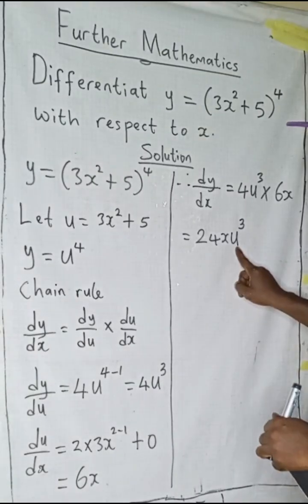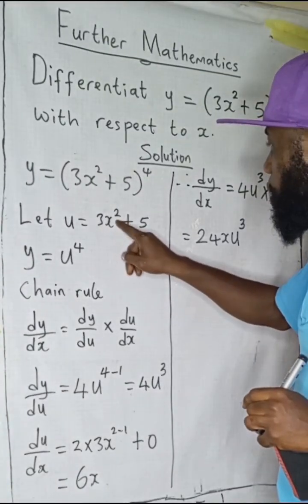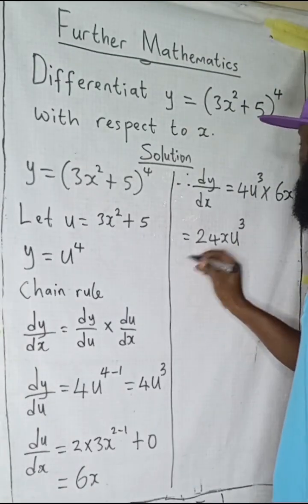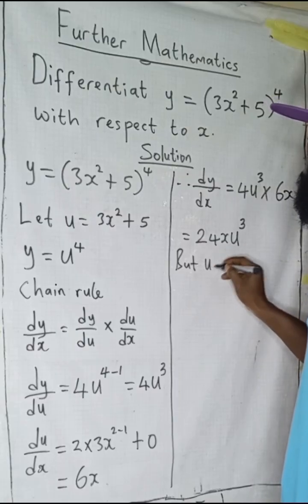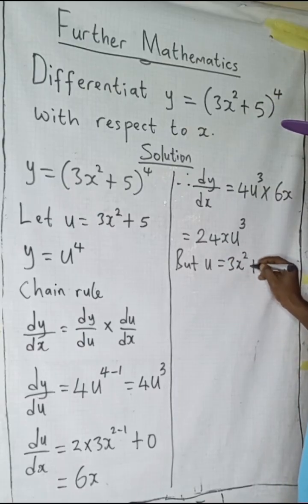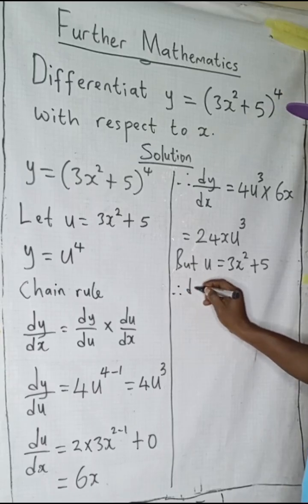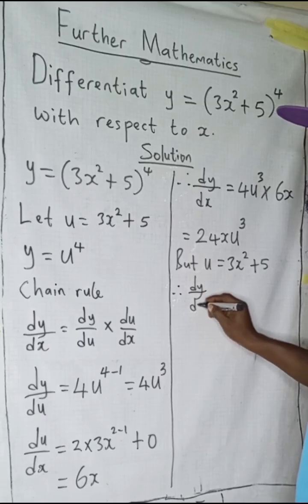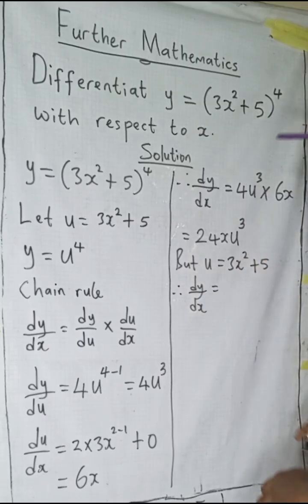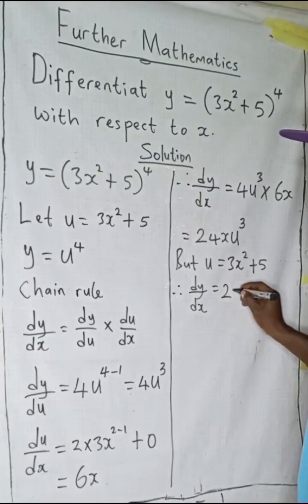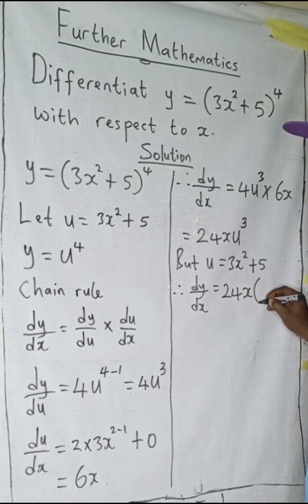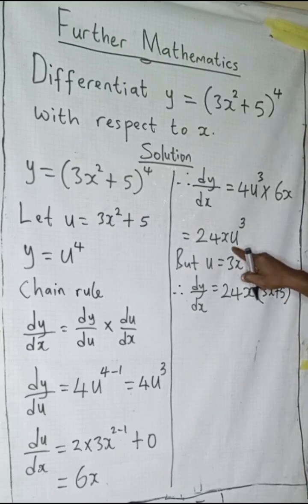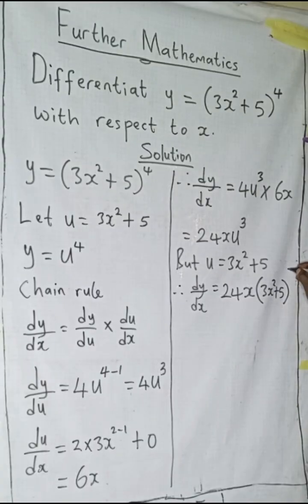Next, we're going to replace u. Initially we called u 3x squared plus 5, so we put it back here as 3x squared plus 5. Therefore, dy/dx will be 24x, and the u is 3x squared plus 5, but the u is bearing a power of 3, so we'll have a power of 3 here.